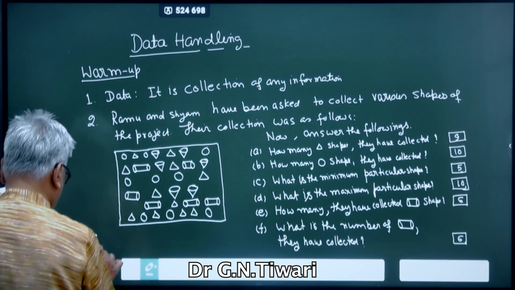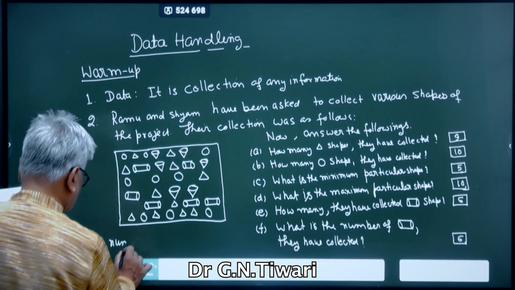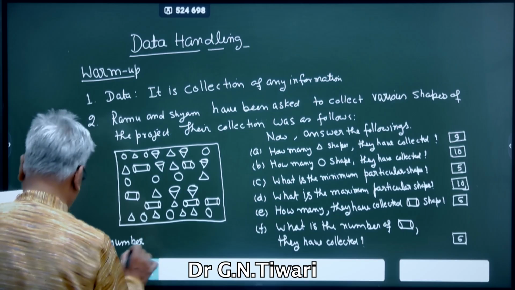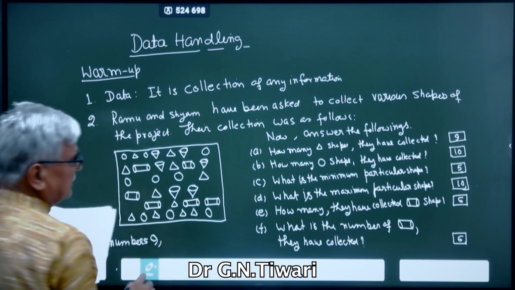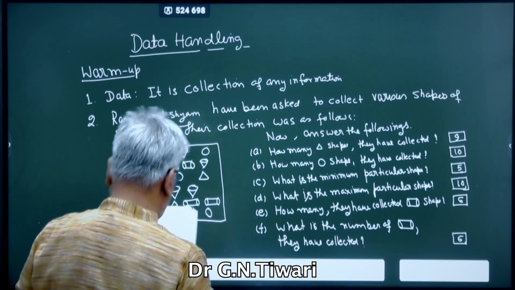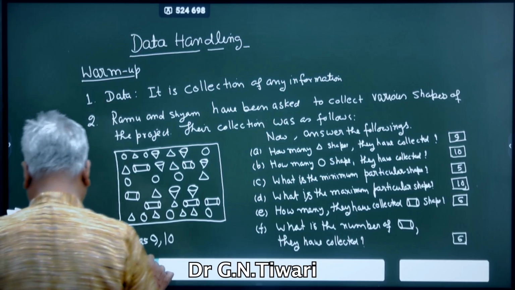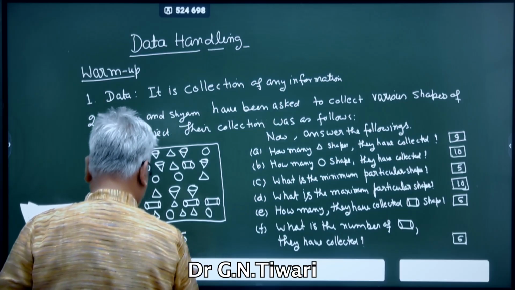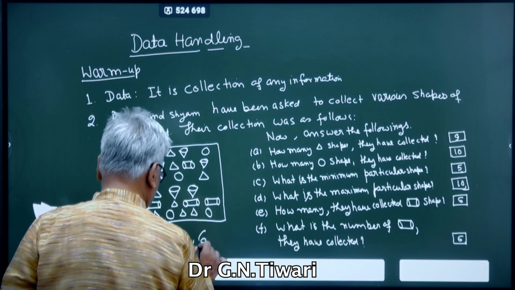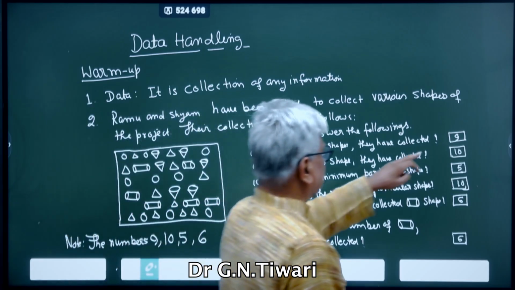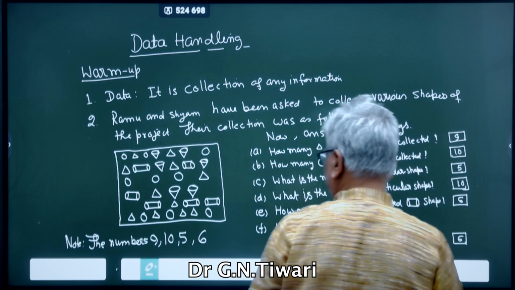The numbers 9, just see, there will be numbers 9, 10, 5, 6. अब देखिए यहाँ पर क्या है, द नंबर 10 है, 9 है, 10 है, 5 है, 6 है.